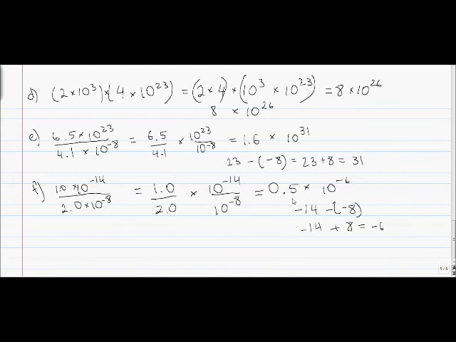And all we need to do now is fix this scientific notation because it's improper. So we push this decimal to the right, making it 5.0, or just 5, times. In this case, this number was increased by 1, so the exponent should be decreased by 1.